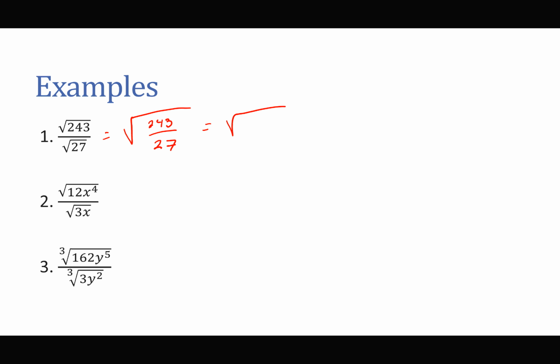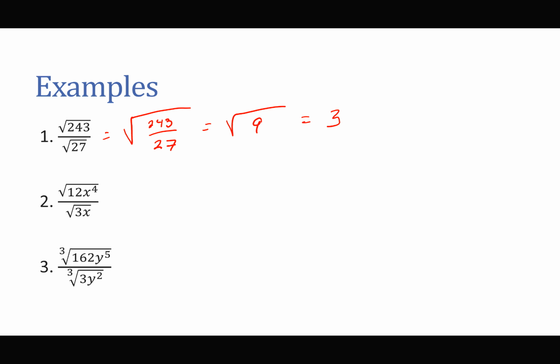Cole, what is 243 divided by 27? 9. Okay. And again, I'm not testing you if you know that mental math, if you can do 243 divided by 27. Put it in your calculator. Okay. What is 243 divided by 27? Oh, that's 9. I can do square root of 9. That's easy. That's 3.